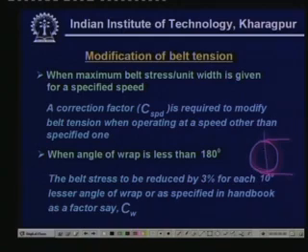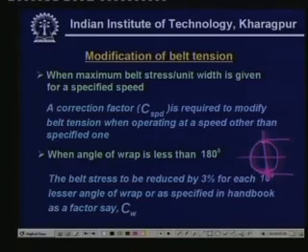This alpha value, from here to here, is what we call the angle of wrap. All the design values given in the design handbook are based on 180 degrees.